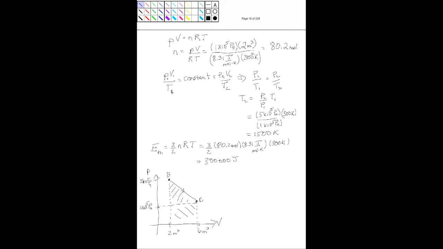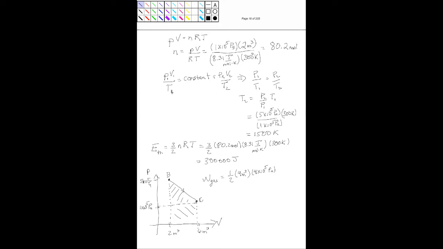So the work done by the gas is first we calculate the area of the triangle, so that's 1/2 times the width. So the width is going to be 4 meters cubed, and then times the height, which is 4 times 10 to the 5 pascals. So that's just the area of the triangle.